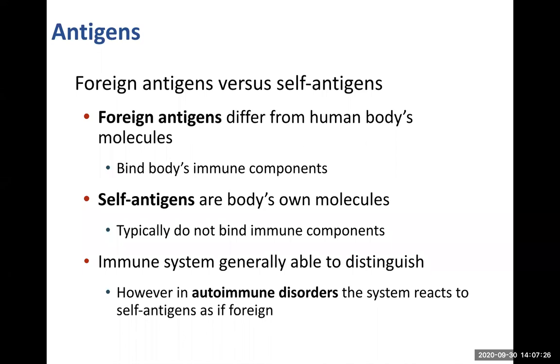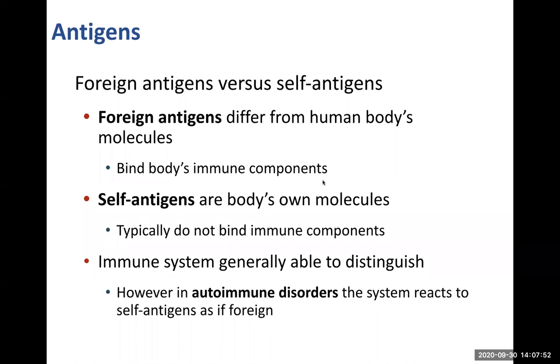But being antigenic, therefore being able to stimulate an immune response, requires that the substance, whether a protein or a polysaccharide, is both big enough that it can be seen by your immune cells, and also foreign or different enough from your own self-antigen that your immune system sees it as just that, foreign.